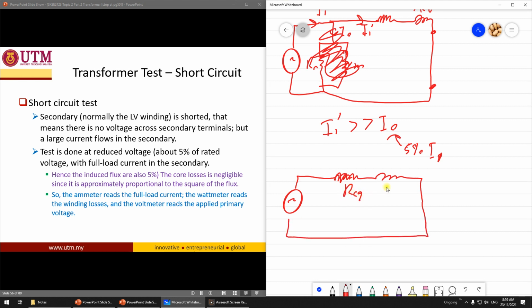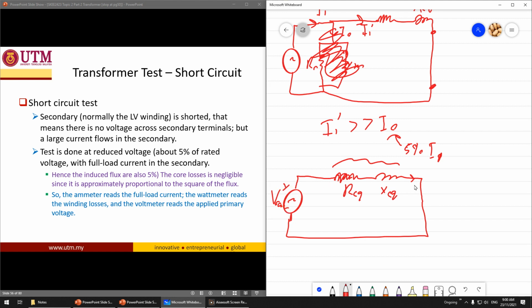Req, Xeq. You can determine this by putting the ammeter, voltmeter, and wattmeter. Another important thing, because this is short circuit test, you cannot just use the full rated voltage.